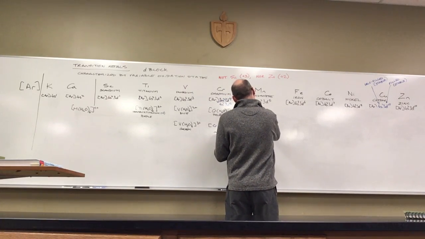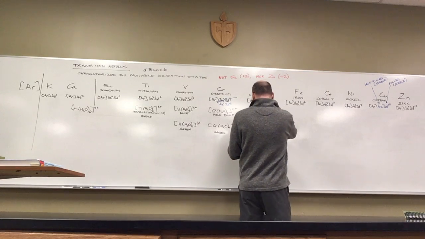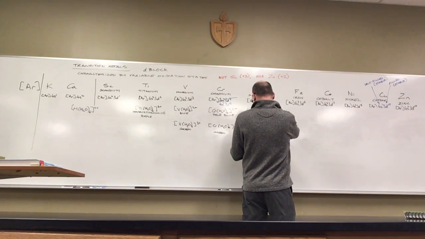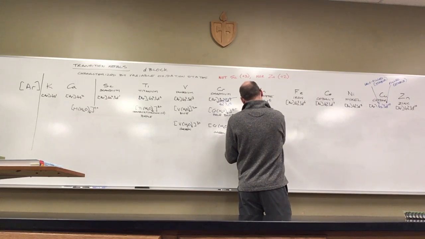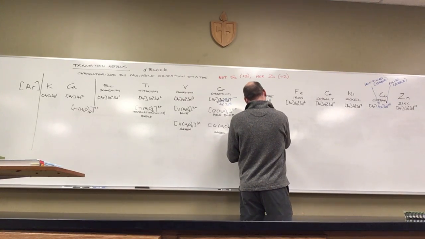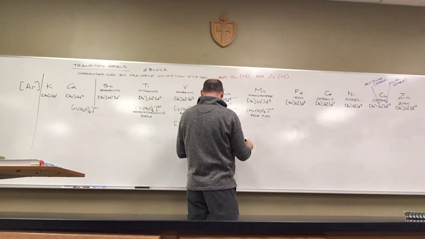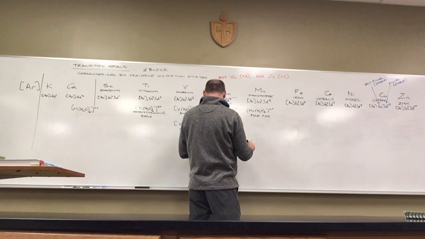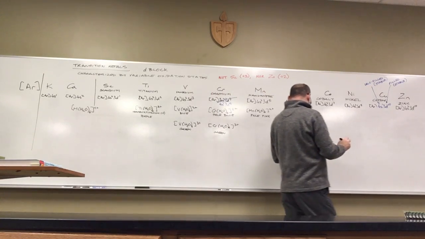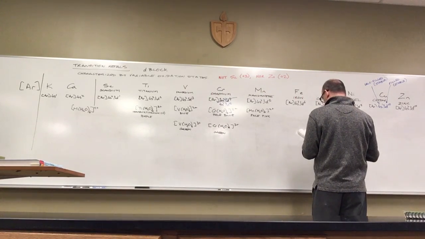Manganese's colors tend to be very, very pale. The 2+ is pale pink. And iron.